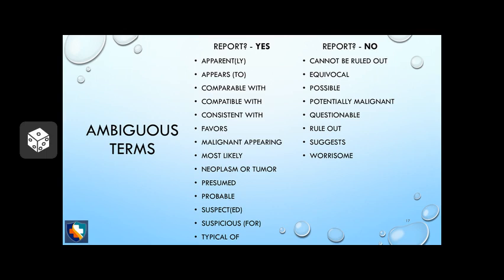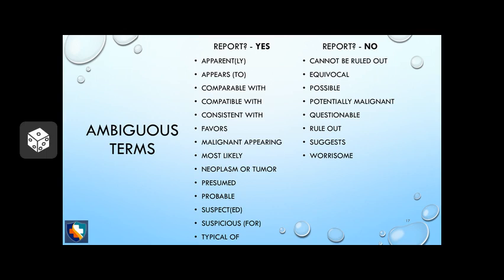Ambiguous terms that are diagnostic for reportability are in the first column on the slide. Some of these are compatible with, consistent with, malignant appearing, most likely, suspected, or suspicious. Ambiguous terms that are not diagnostic are in the second column on the slide. Some of these are cannot be ruled out, possible, questionable, suggest, or worrisome.